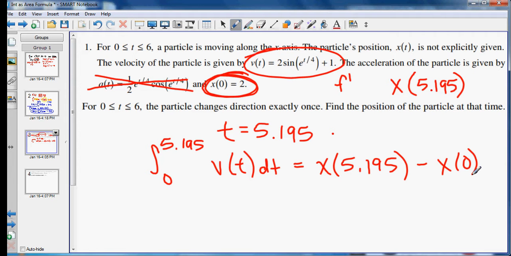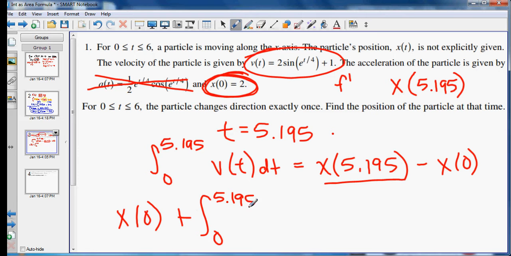And then we plug in the top number, 5.195, minus the bottom number, 0. So if I want to solve for this, I just need to add x of 0 to both sides. So x of 0 plus the integral from 0 to 5.195 of v of t dt will tell me the position at time 5.195.